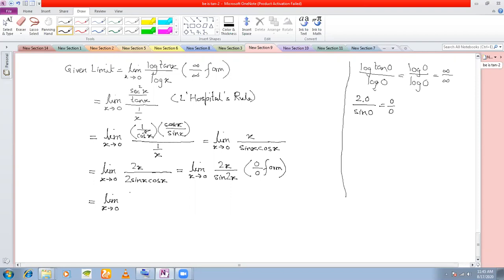Now differentiate the numerator, you get 2. Differentiate the denominator, you get 2 cos 2x. The derivative of sin 2x is cos 2x into the differentiation of 2x, which is 2. This 2 and this 2 cancel. So what you simply get is limit x tends to 0, 1 by cos 2x.